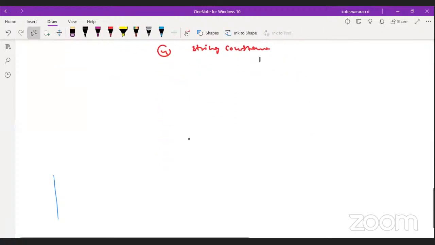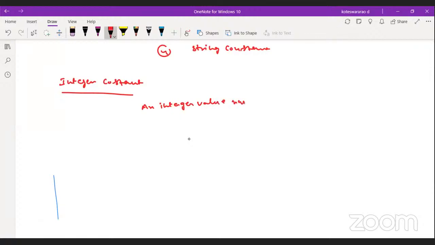First, coming to the integer constant. An integer constant is an integer value number consisting of a sequence of digits.